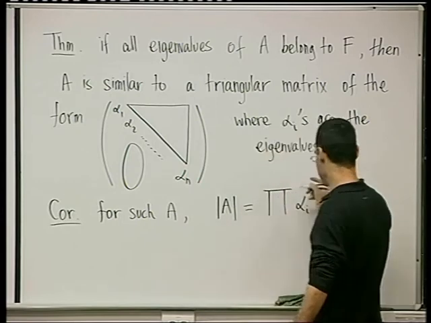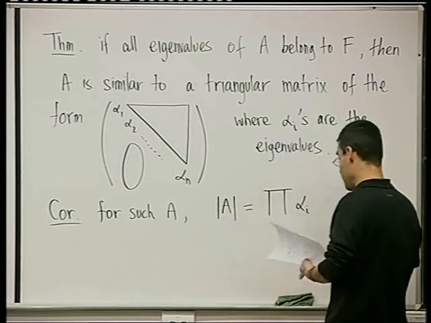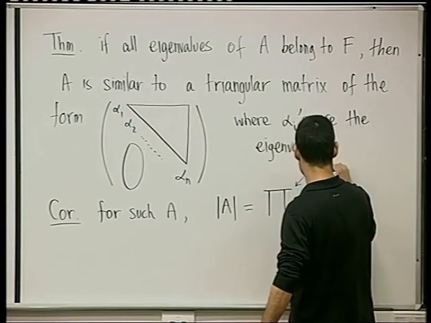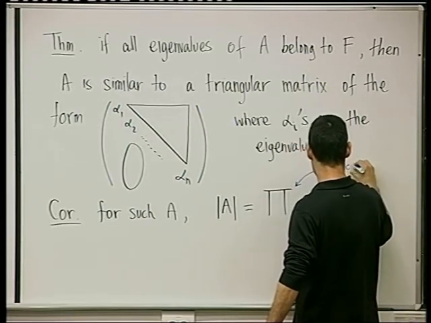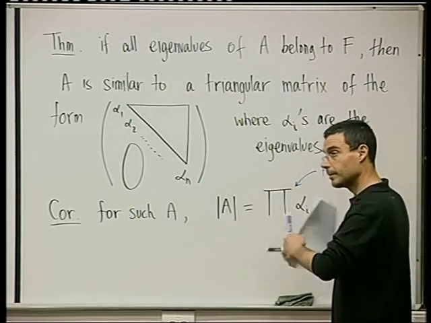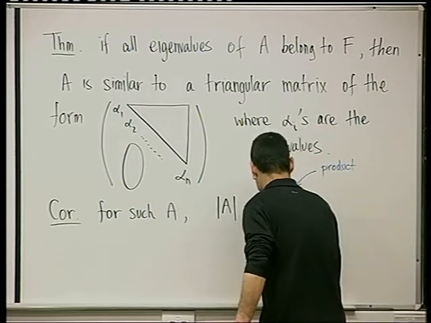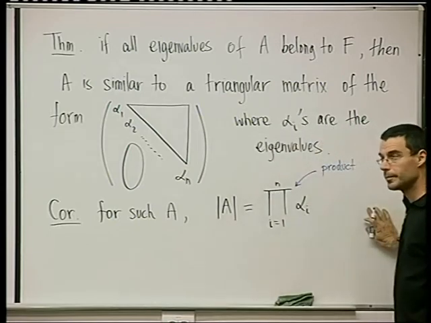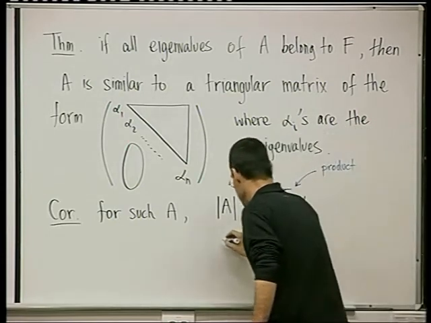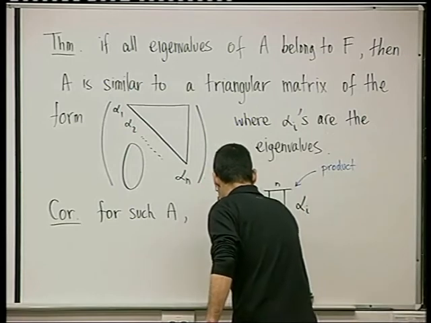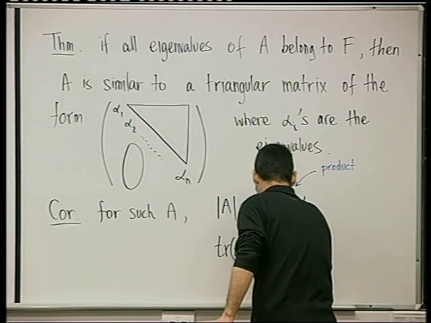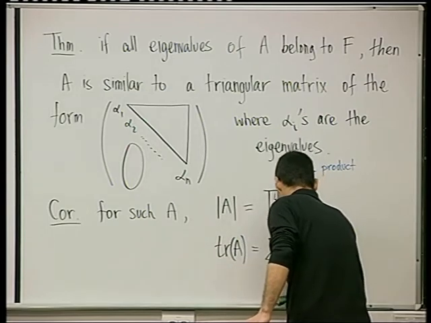This stands for product, just like sigma stands for sum. And you can write, just like for a sum, i equals 1 to n. And the trace of A is the sum of the alpha i's.